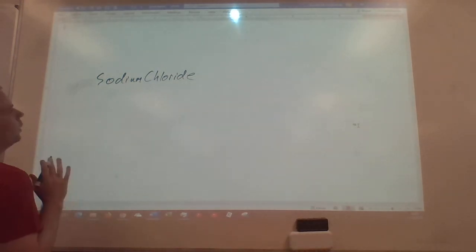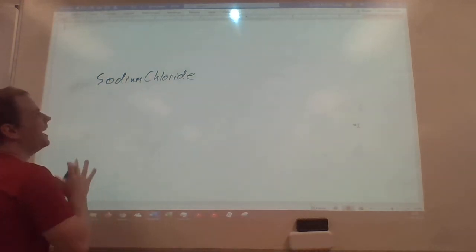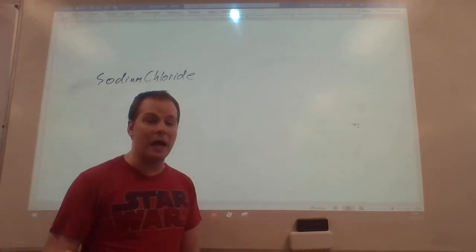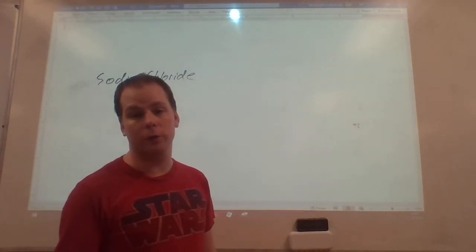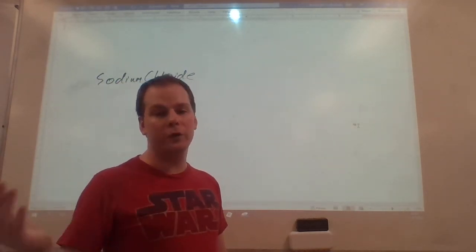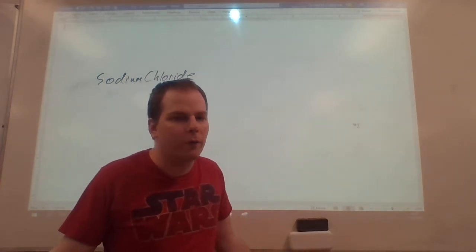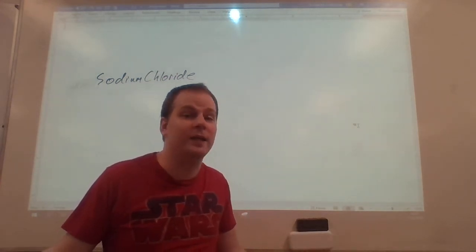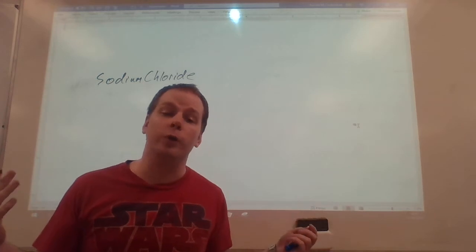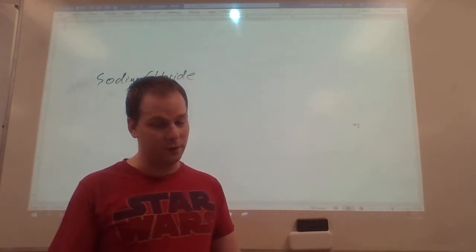This name tells us everything we need to know in order to write the formula. Now, most of you probably already know that the formula for sodium chloride is NaCl. I'm going to show you why that is.